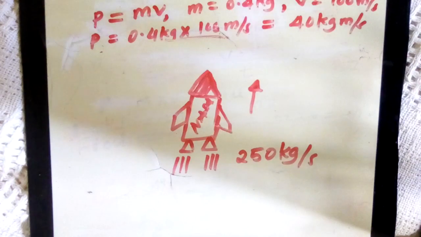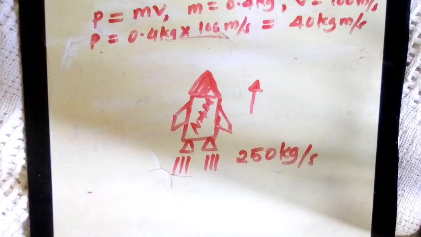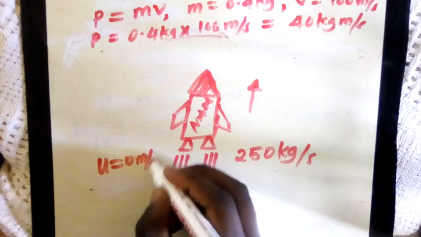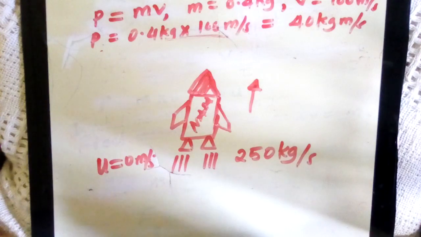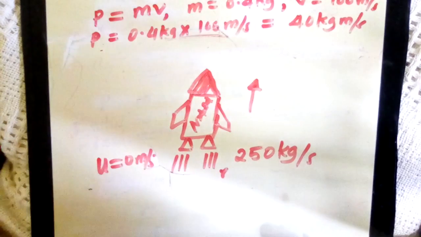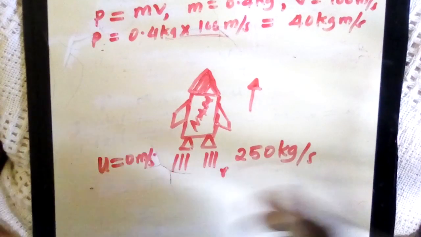Let's say it moved from rest, from the launching pad, with the initial velocity being 0, and then a force of a certain magnitude acted, with this being the rate of expulsion of gases from these nozzles.